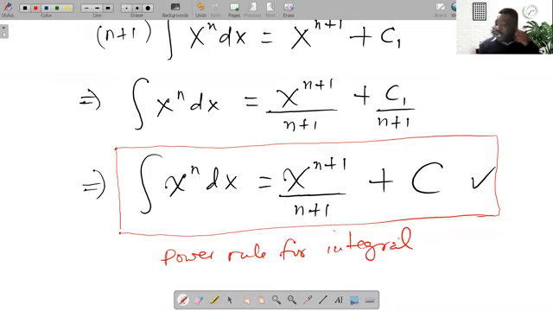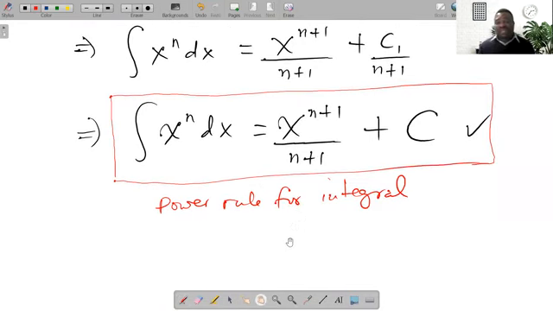In other words, if any function, if the integrand, if you will, has some kind of exponents, all that you do is you add 1 to the exponent and then divide by the resulting exponent. That will be it. Okay.